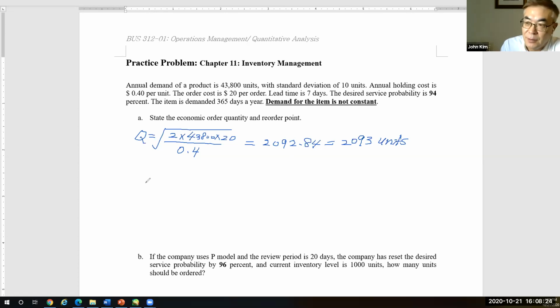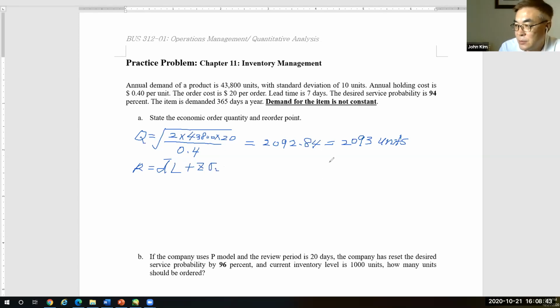Okay. And then reorder point R equals daily demand times L plus Z score times standard deviation during lead time.